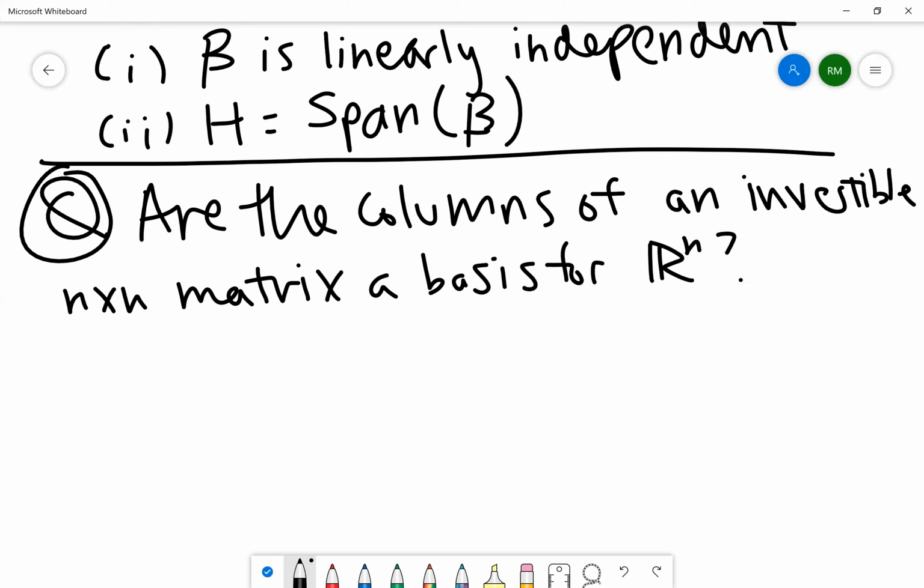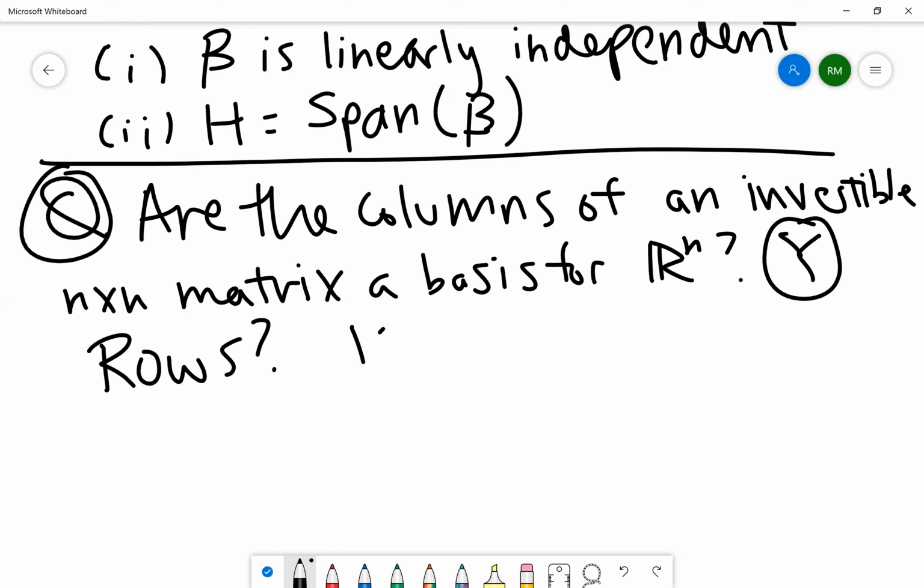All right, pause the video and answer yes or no. All right, now you've had the chance to do that. The answer is yes, they are. You can row reduce and you get a pivot in every row. What about the rows? Are the rows of your matrix a basis for Rn? Pause the video and see what you think. Again, the answer is yes, for the same reasons. You can row reduce, and there's a pivot in every column and every row.